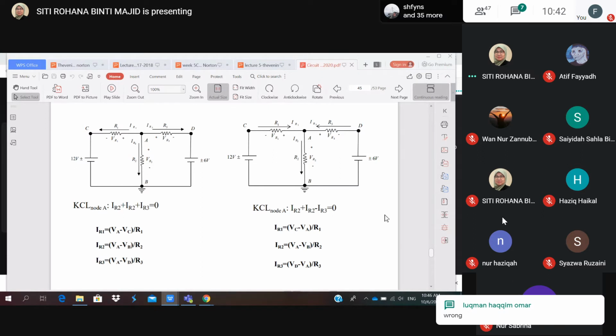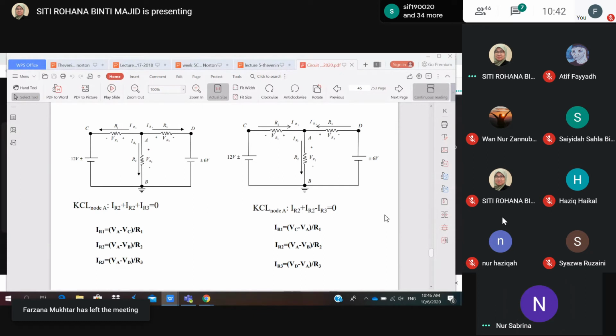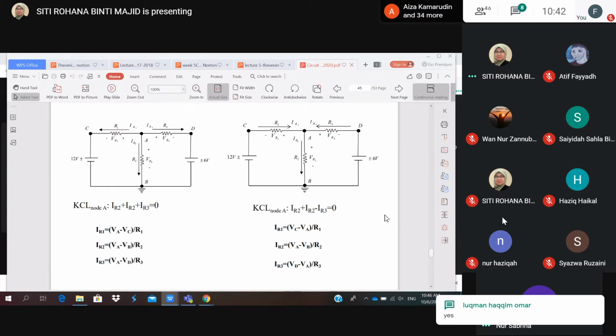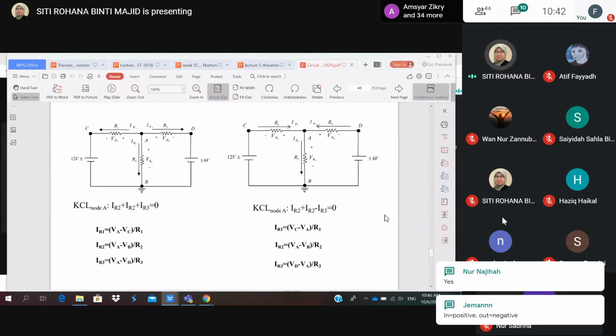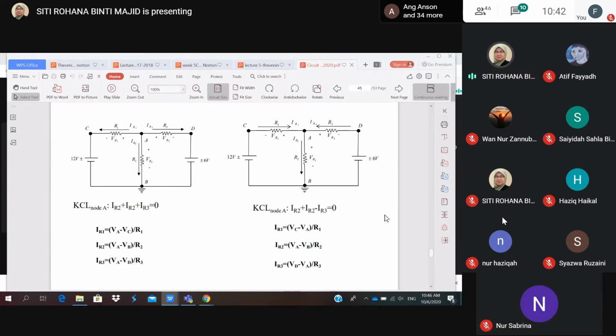Why? Because it is out of the node. Yes, so our equation would be IR1 plus IR3 equals IR2. Is it correct? Yes, doctor. Correct. In is positive, out is negative.